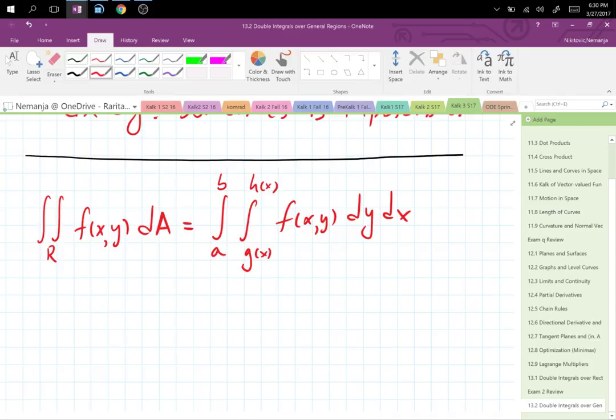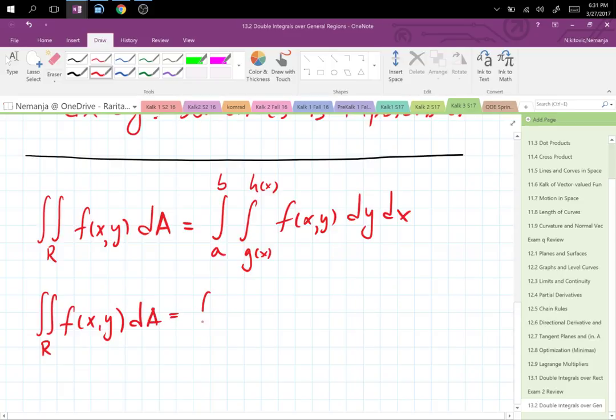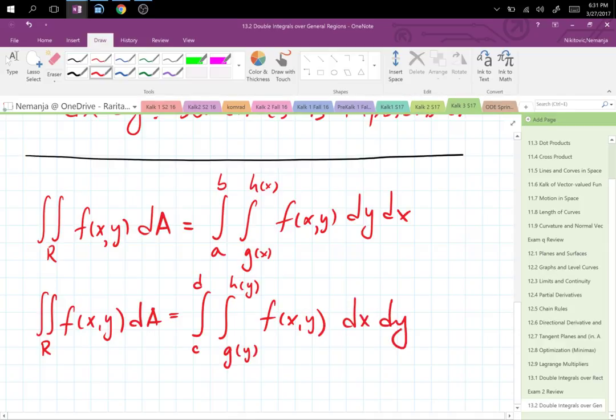If you are doing the other one, you will have c and d limits on the outer, and then g of y, h of y, f of x, y, dx dy. You see that on the inner integral now, x is g of y.